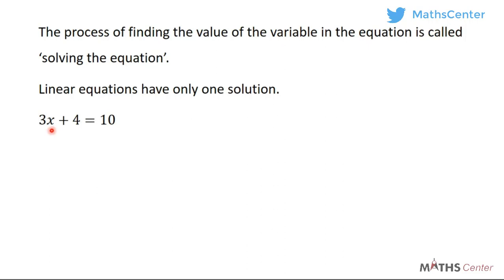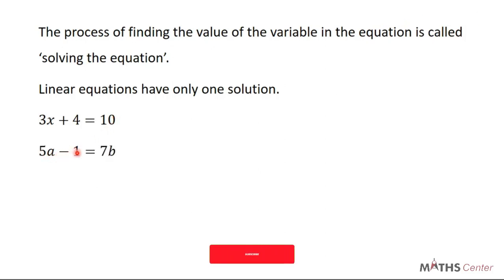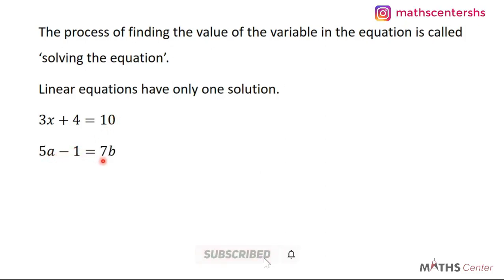In the same way, 5a minus 1 is equal to 7b is also linear. So if you're able to find a, you are going to have only one solution. If you're able to find b, you are going to have only one solution.